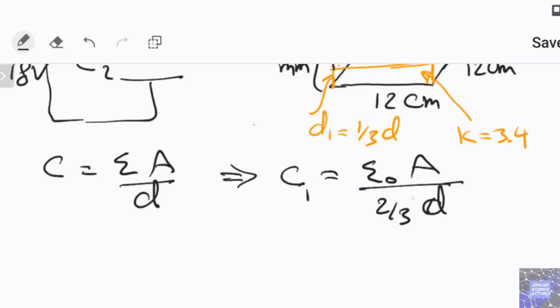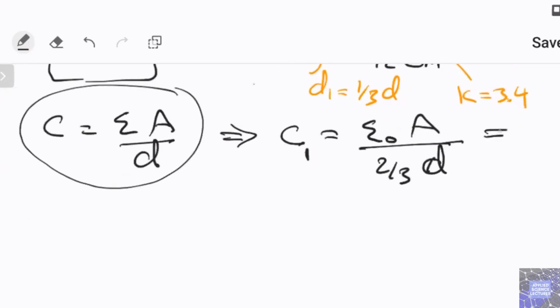So if this is in general, then here for the C1 case, the gap for the air-filled capacitor is 2/3 of the total distance.